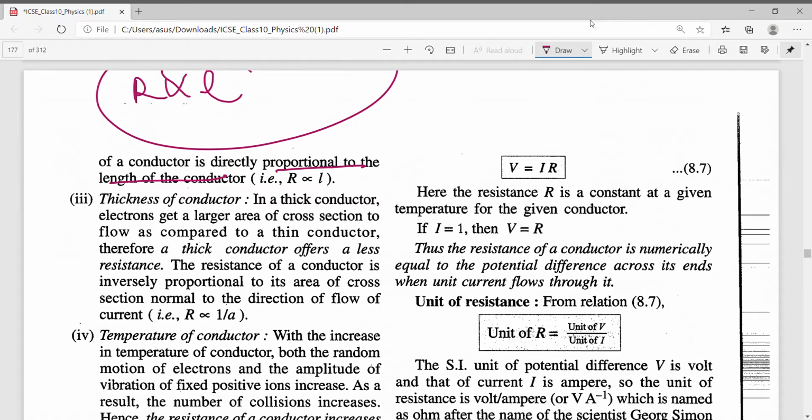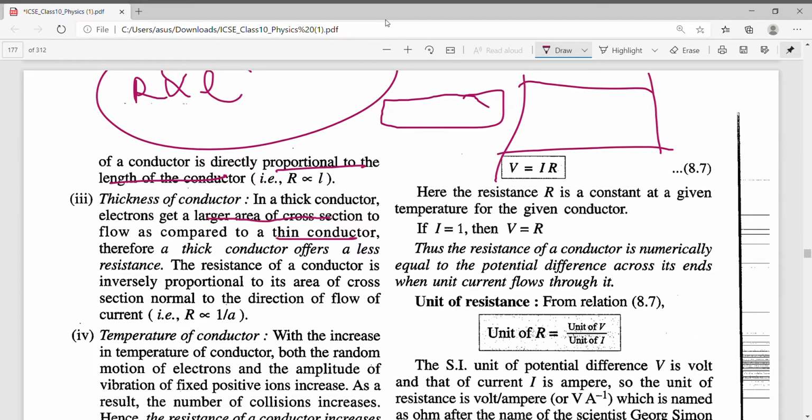Thickness of a conductor: in a thick conductor, the electrons get a larger area of cross section to flow as compared to a thin conductor, right? What do I mean by larger area of cross section? Means larger area. If I have a conductor that is somewhat like this, and another that is somewhat like this, which conductor is thick?